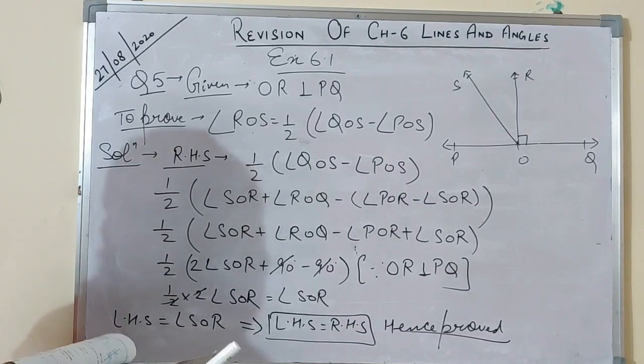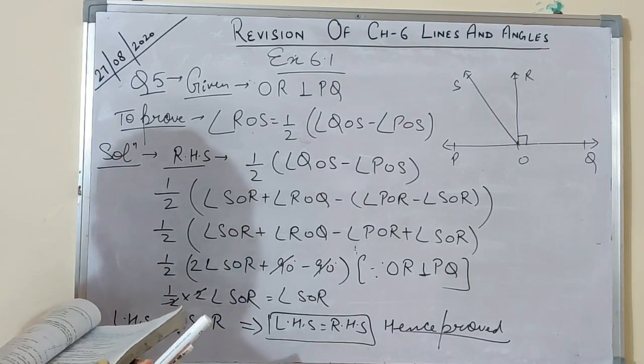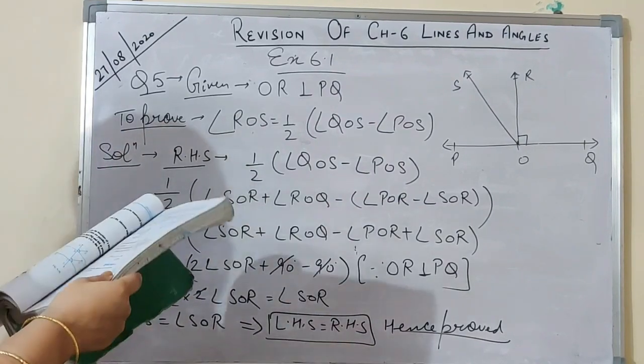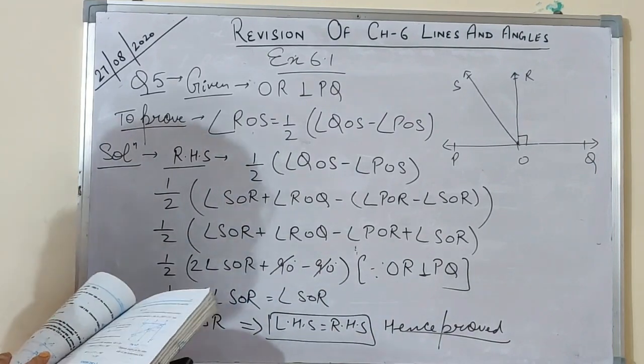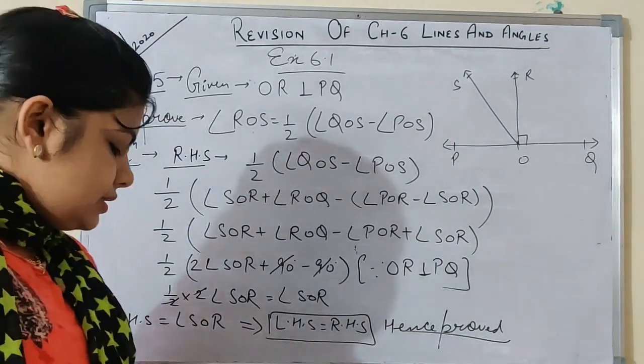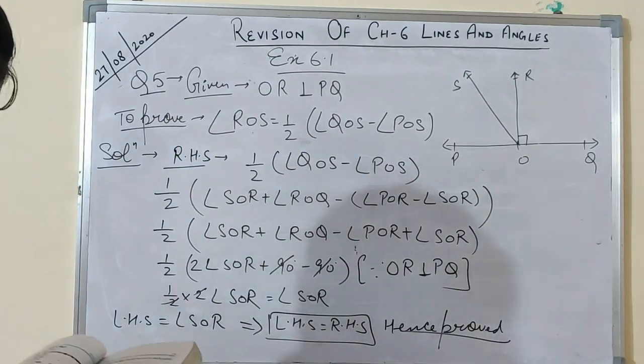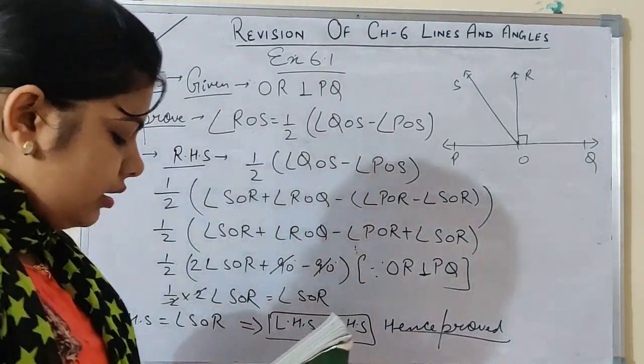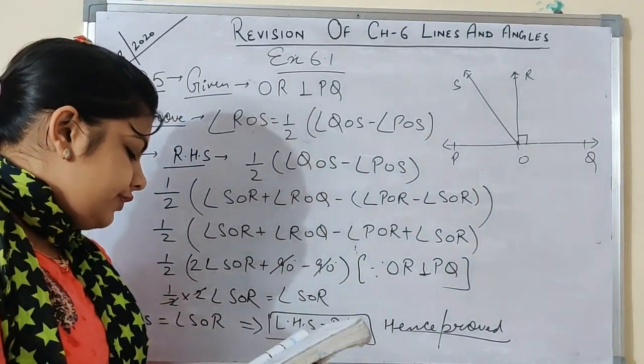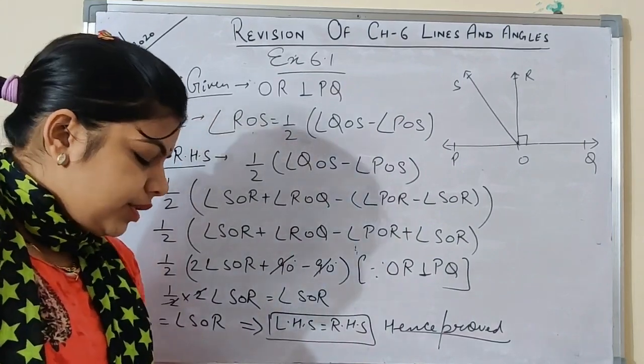After that, come to example number 5. I am just talking about examples according to NCERT. Here we have to draw the figure ourselves. So here I am reading the question first.